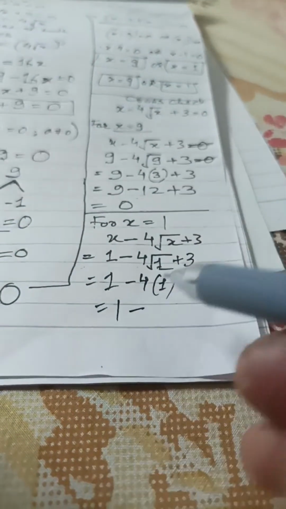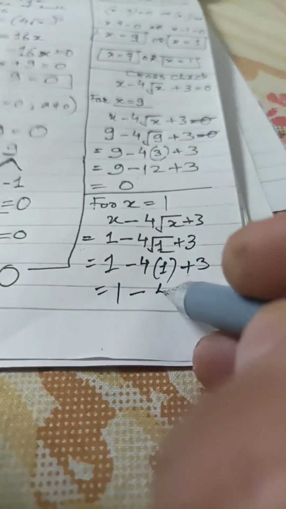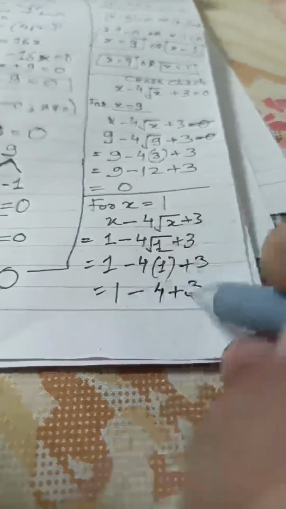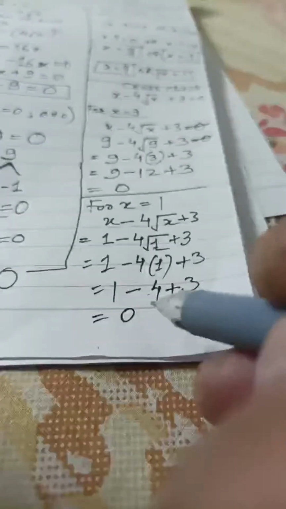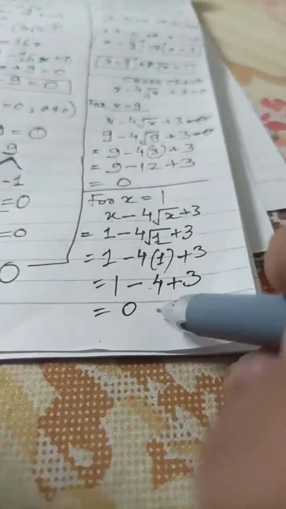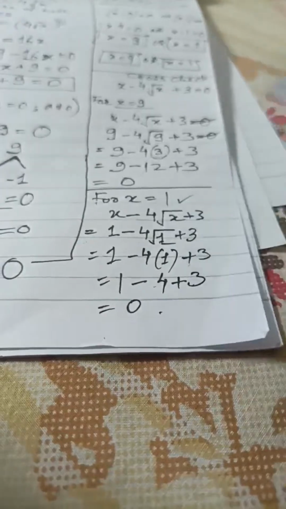So 1 minus 4 ones are 4, plus 3. So 1 plus 3 is 4, minus 4 is equal to 0. Therefore x equal to 1 is also correct.